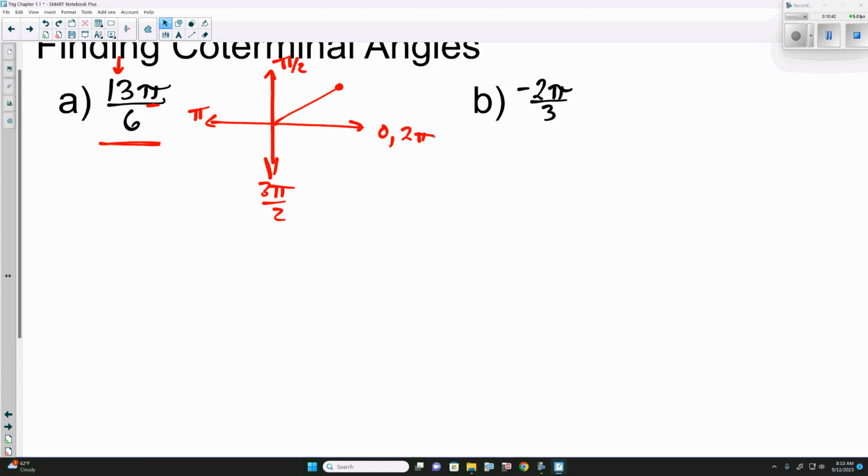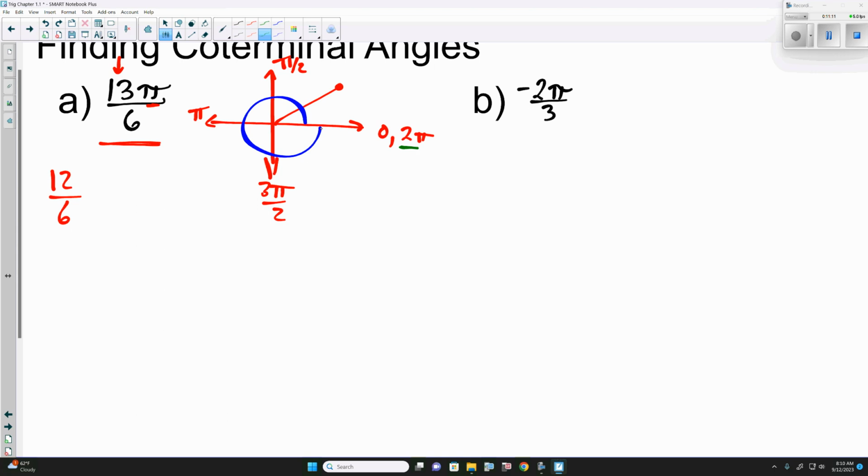Now, if we look at 13 over 6, is 13 over 6 greater than 2? 13 over 6 is greater than 2, because 2 in sixes would be 12 over 6. So it is greater than 2 here, which means for this angle, we have for sure come all the way around. Yes?